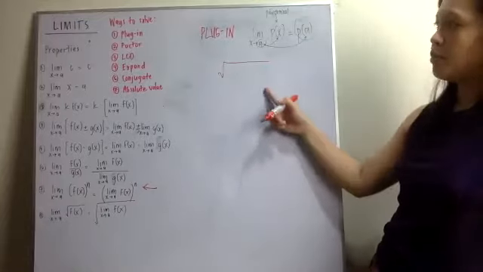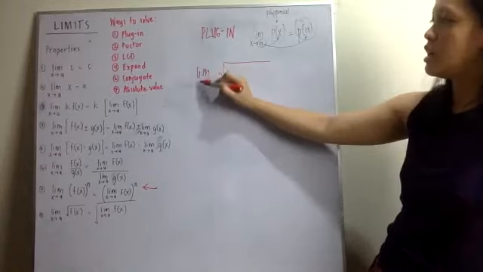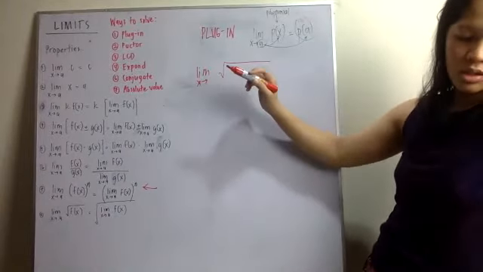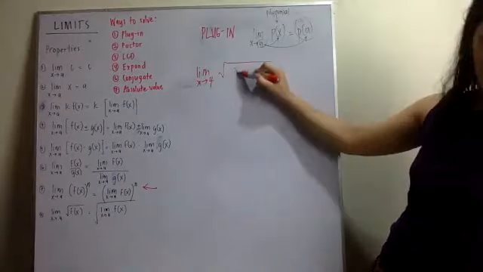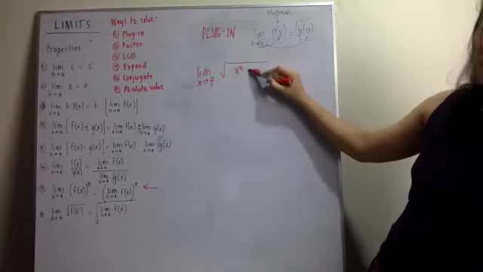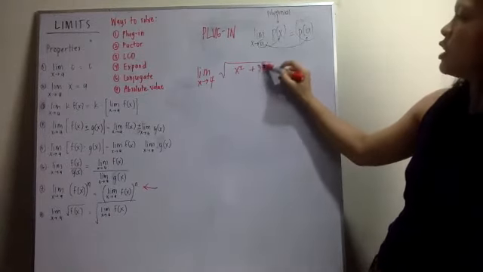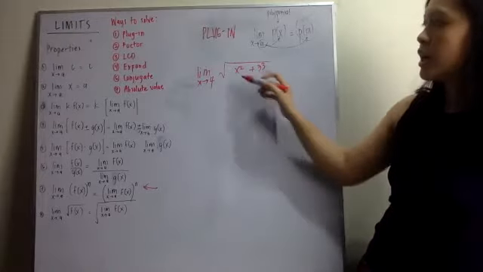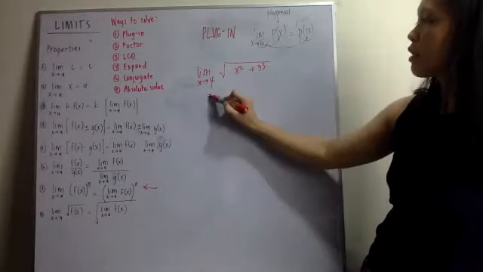Okay? So for example, if we have limit as x approaches 4 of the square root of x squared plus 33. Okay? Try to plug in. Ano makukuha ang sagot? Sige.